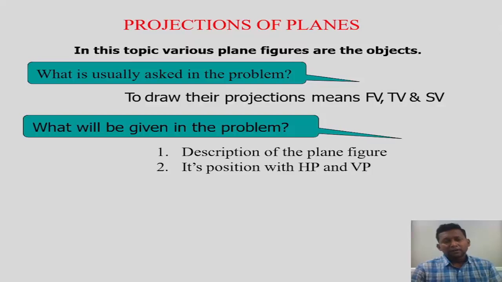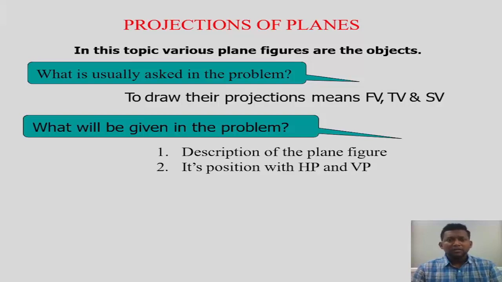When we read a problem related to projection of planes, the geometrical shape of the plane will be mentioned, and that plane's position with respect to the horizontal plane and the vertical plane will be given, and we are supposed to draw its projections. Like I mentioned, we are supposed to draw the front view and top view.